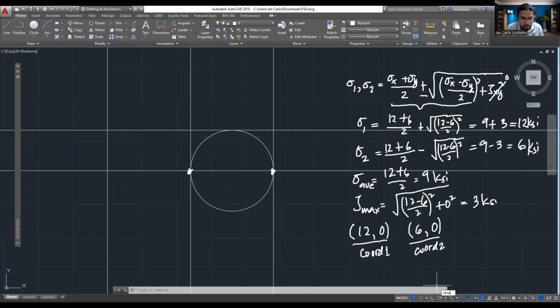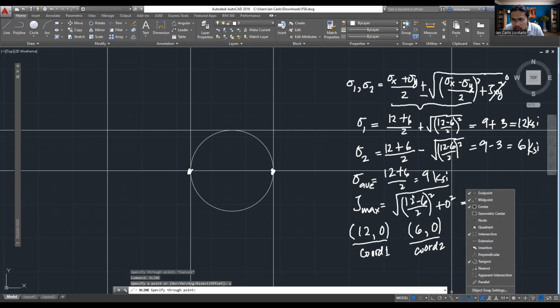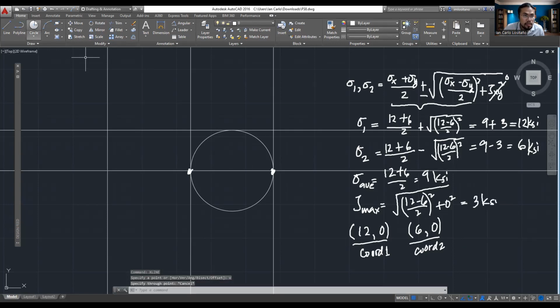Next line, we get the midpoint. We intersect the midpoint. Sorry, we get a line between this portion and that portion, and we create an X line at the midpoint. So this is going to be a vertical line. This is the midpoint.